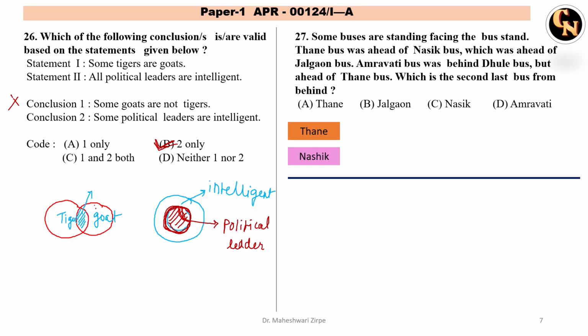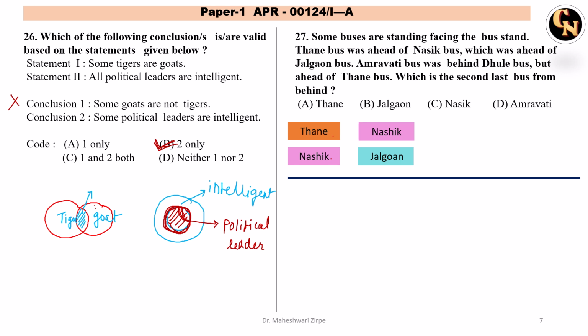Suppose this. The next is the Amravati bus, which is ahead of the Jalgaon bus. So Thane bus is ahead of Nasik bus, and Nasik bus is ahead of Jalgaon bus, which I have shown here diagrammatically.